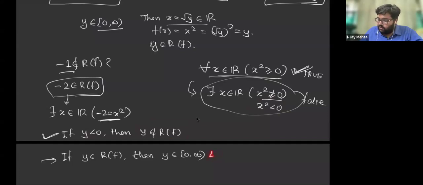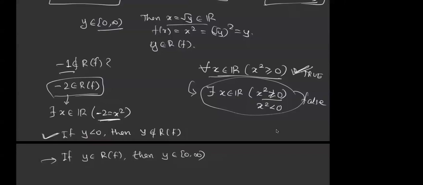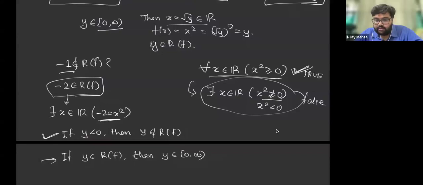What is the relation between these two statements, this one and this one? Now probably you understand, right? Can you see any relation? What are these statements? Did you see any relation?